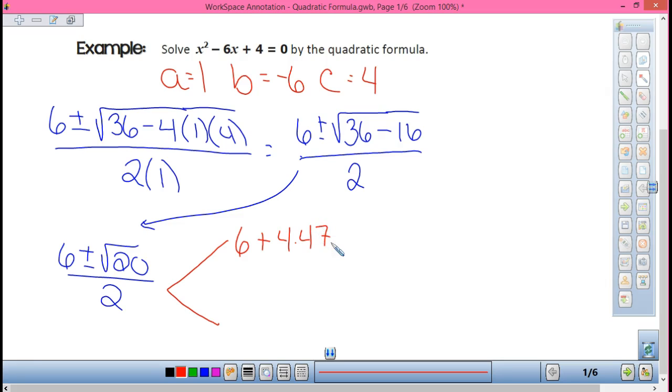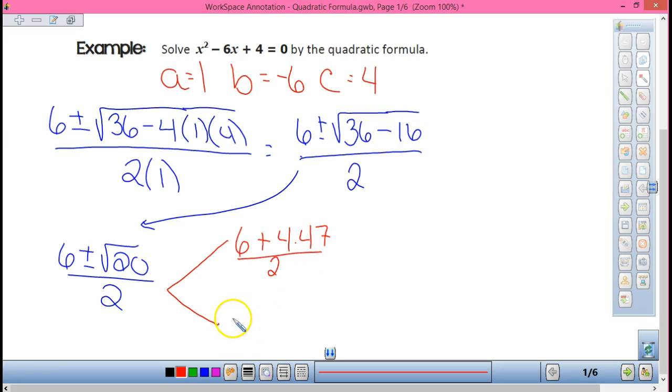Remember we're going 2 decimal places. Some of us check our answers and ask, is it okay if I did 4.5? No, it's not. 2 decimal places. So 4.47 over 2.